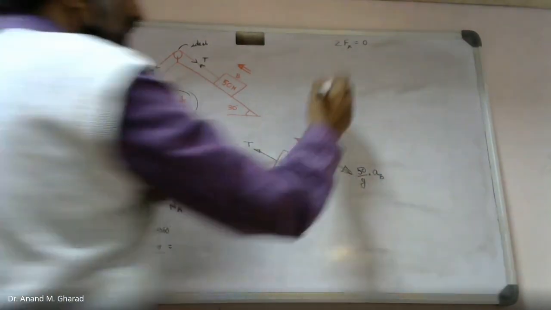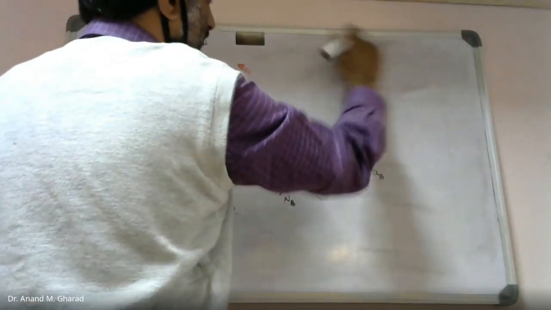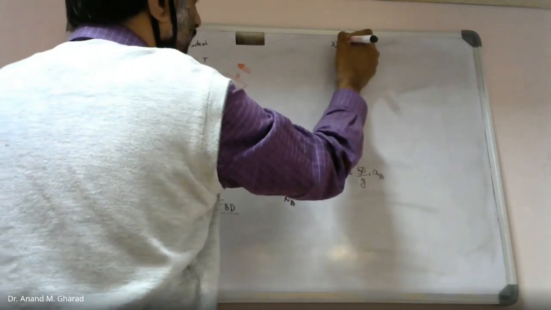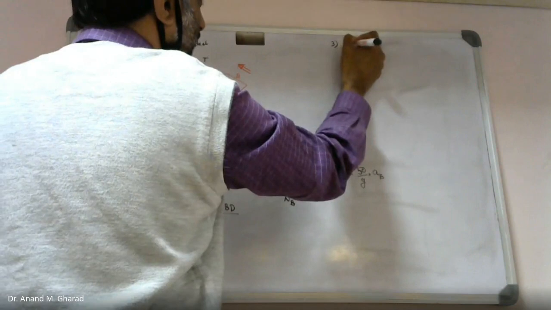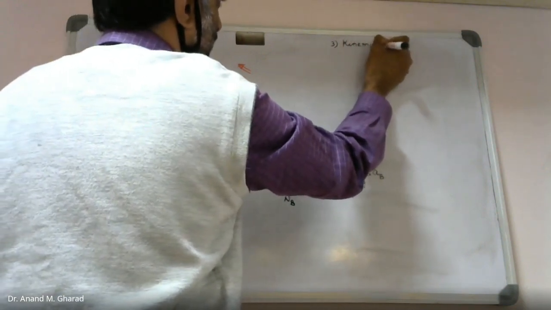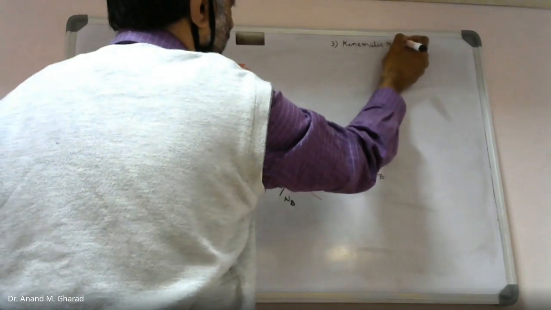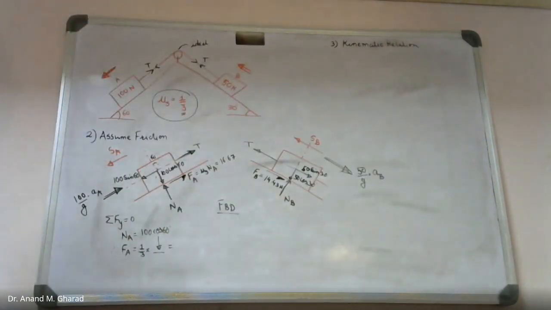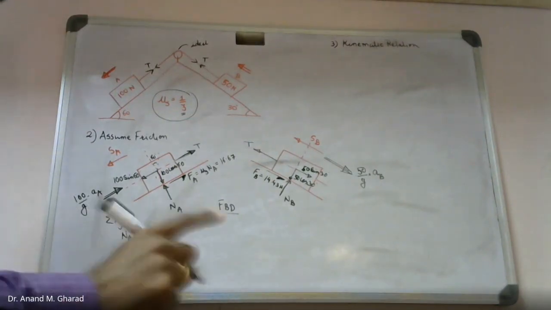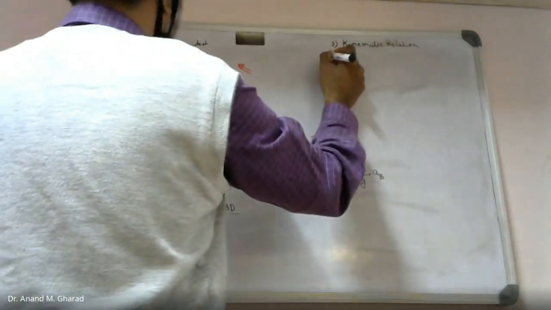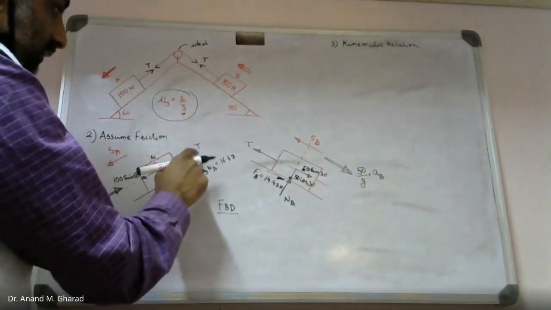For that, what we can say before this step? Kinematic relation. Kinematic relation is nothing but the total internal work done, which should be equated to 0.